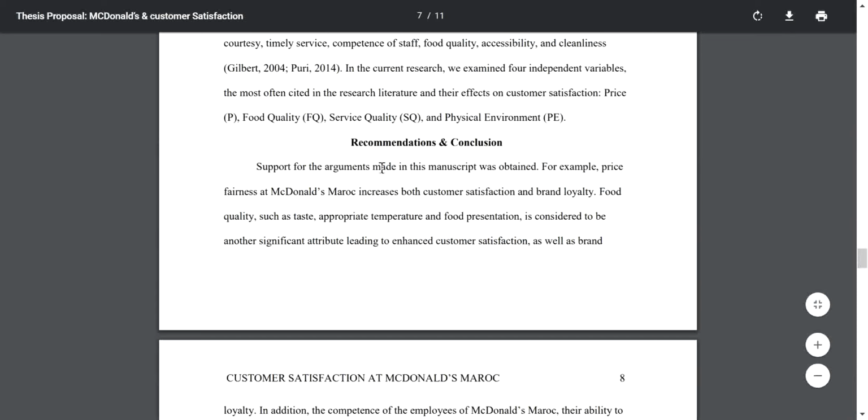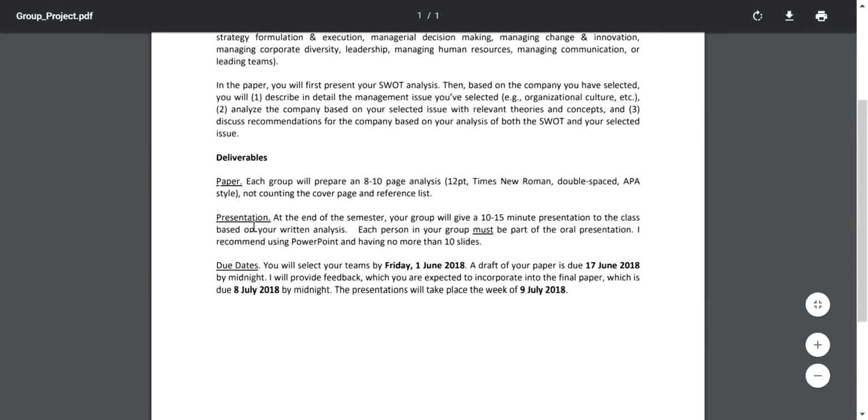Right? We go back over here to the group project assignment sheet, and number three says discuss recommendations for the company based on your analysis of both the SWOT and your selected issue. So the SWOT plus innovation plus strategic management. All right. So let's go back over here. We see recommendations and conclusions.